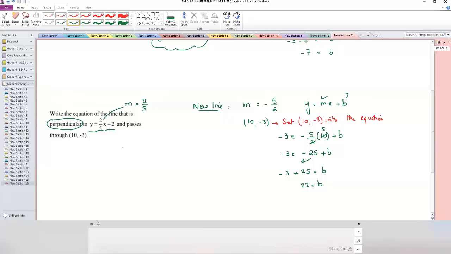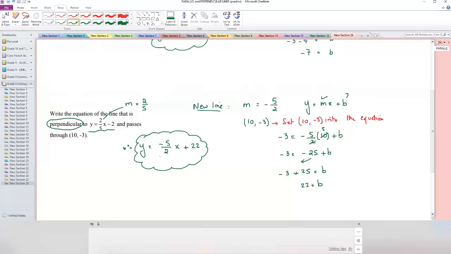Right away, my conclusion is that the equation will be y = -5/2x + 22. This is the equation that is perpendicular to the original one.